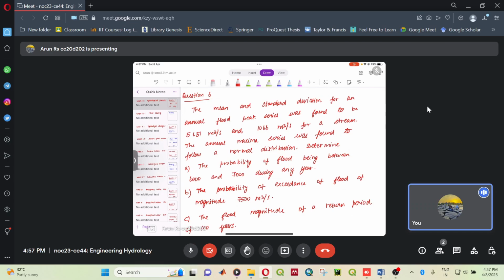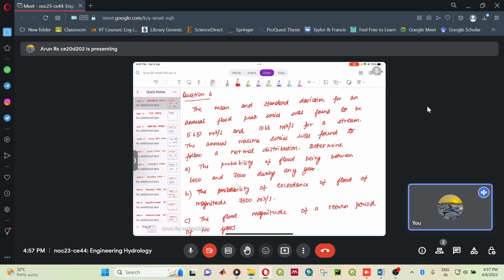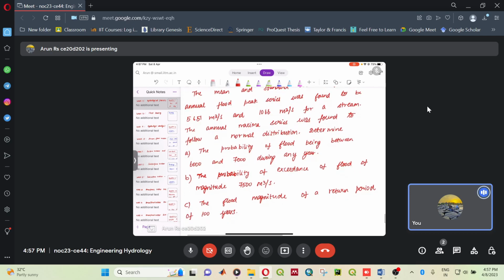So let us move on to question number 6. This is related to the estimation of the flood magnitude and return period when the annual maxima series for any given stream follows a certain distribution. The question is, the mean and the standard deviation for annual flood peak series was found to be 5651 meter cube per second, and the standard deviation was 1066 meter cube per second.